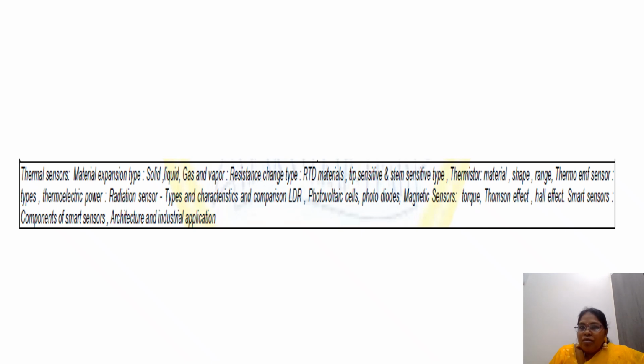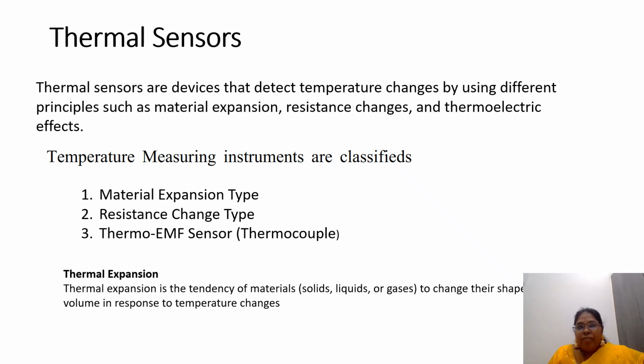And apart from thermal sensors, we are going to see radiation sensors, then magnetic sensors, and the very important sensors we use in our day-to-day life and in our emerging technology, the smart sensor. So all these things are covered in this module 3. So let me start with the thermal sensors.